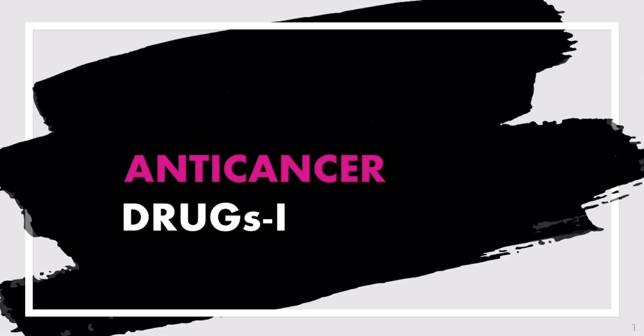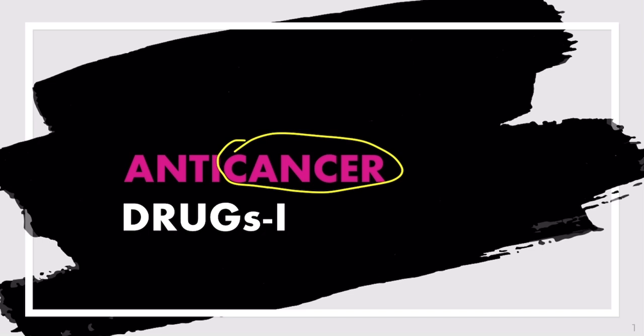But don't panic. Examiners usually ask gross questions in viva, that is, easy questions. Okay. So first of all, what is cancer? Cancer is a genetic disease caused by DNA mutation. Simply, abnormal growth pattern and uncontrolled cell division. Okay.